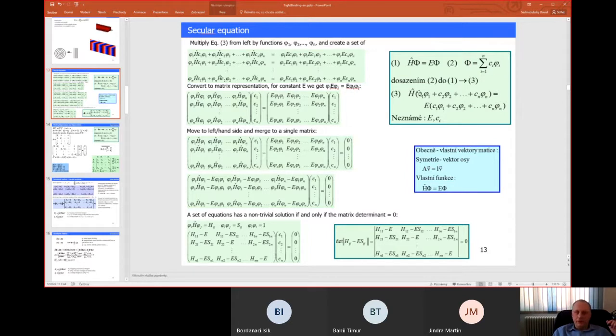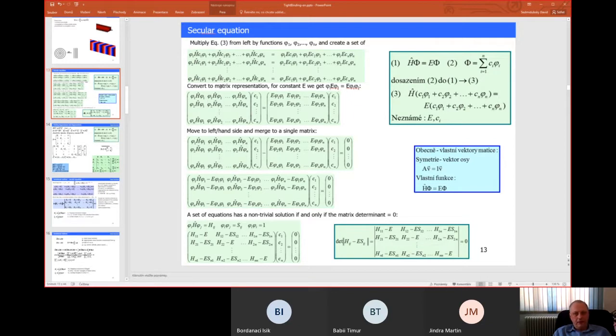Now we substitute into the Schrödinger equation, so we have this linear combination here, and on the right hand side we have an unknown value of eigenvalue, the energy, multiplied by the same wave function. Then we multiply from left by the corresponding basis functions. So we get such a set of equations.